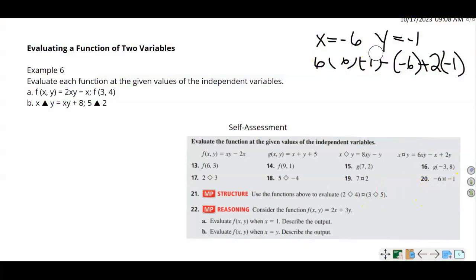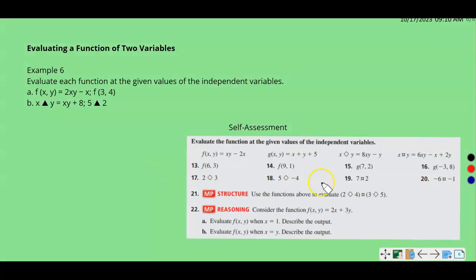Let me erase this up here. For 21, we're going to use this function first. We're going to use that function twice for 2 diamond 4 and 3 diamond 5, and then we're going to use this other function as well once we get the first two evaluated.